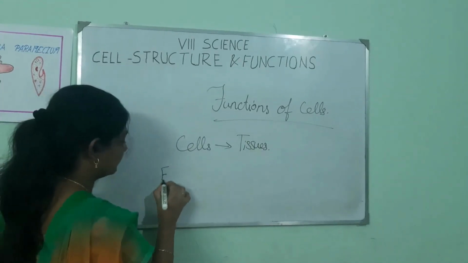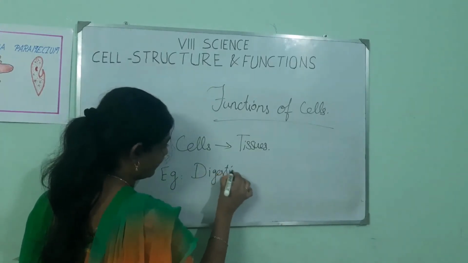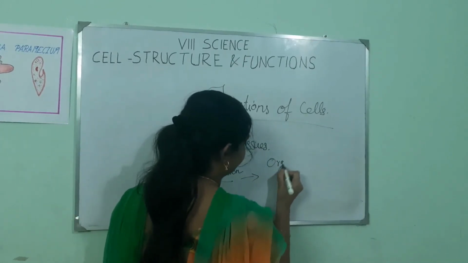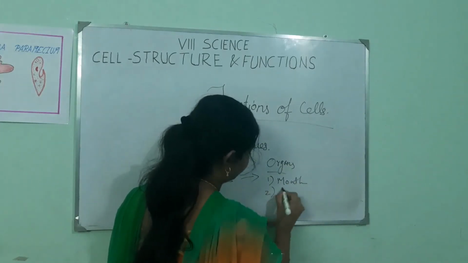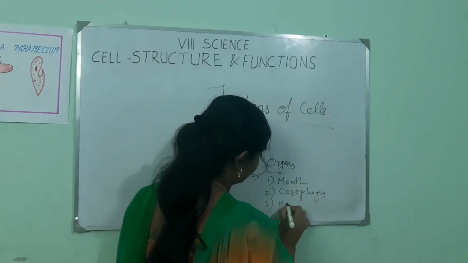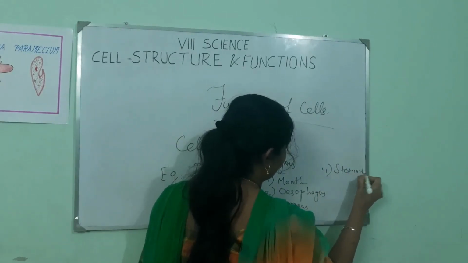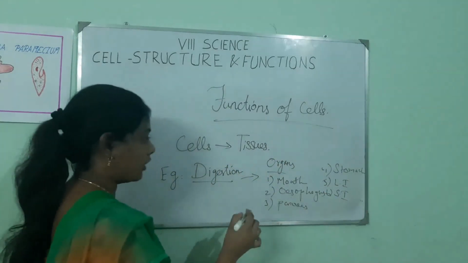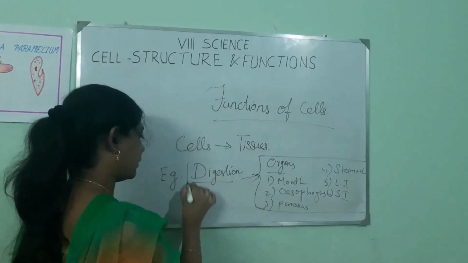For example, in digestion, many organs such as mouth, esophagus, pancreas, stomach, large intestine and small intestine, all these organs combine together to perform a basic function called digestion.